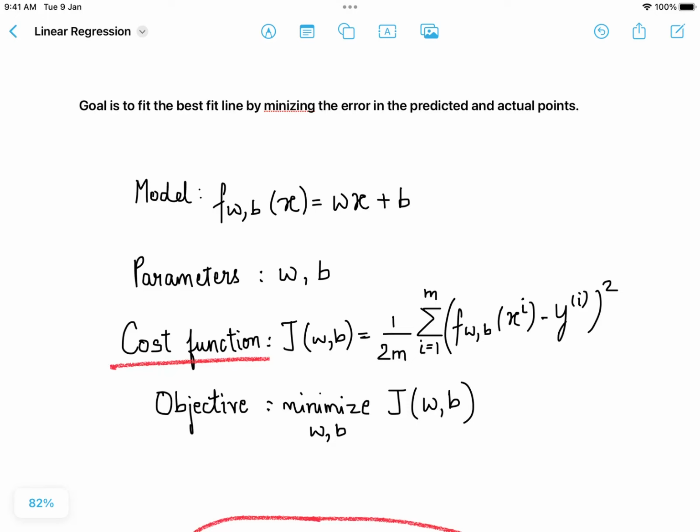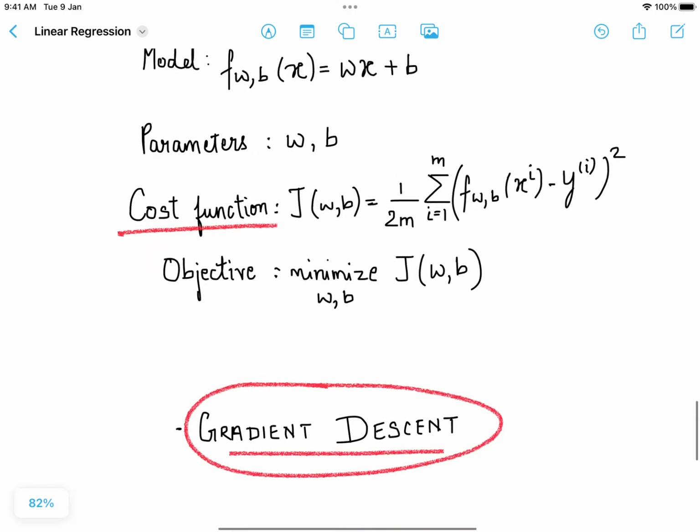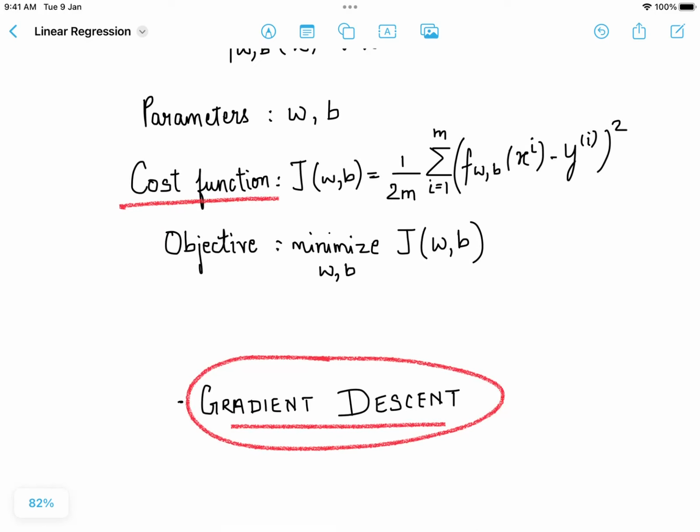We say loss function when we have only one observation, but when we have m observations, then we say cost function. This is nothing but the average of the squared errors. Our objective here is to minimize this cost function, and to minimize this cost function, we use an algorithm called gradient descent.